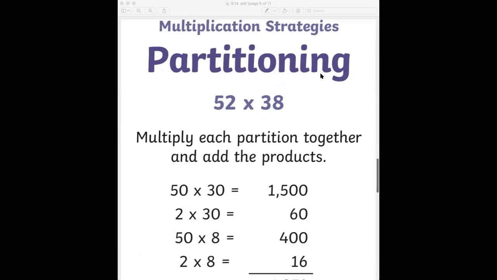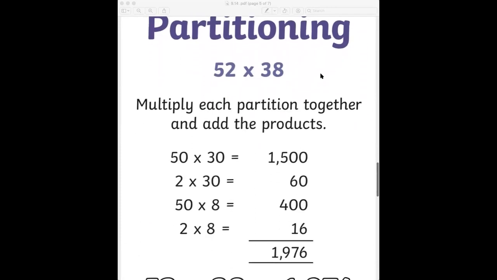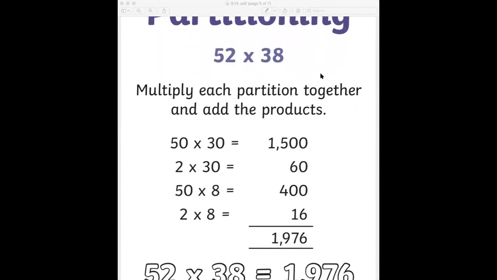So let's take a look at, oh, this is some tricks, okay? So when we have 52 times 38, 我们有些小朋友说, I don't know how to do it. But let's take a look at this one. 52 equals what? 50 and 2. 38 equals 30 and 8.